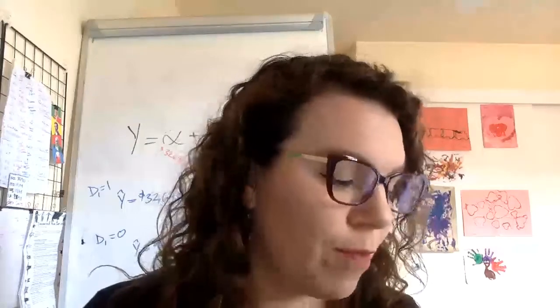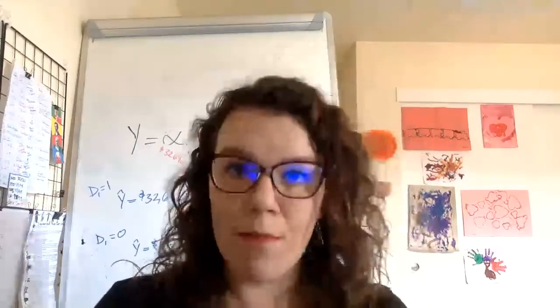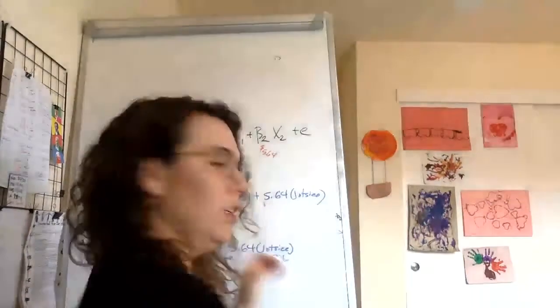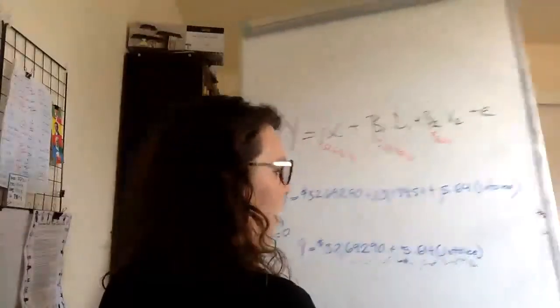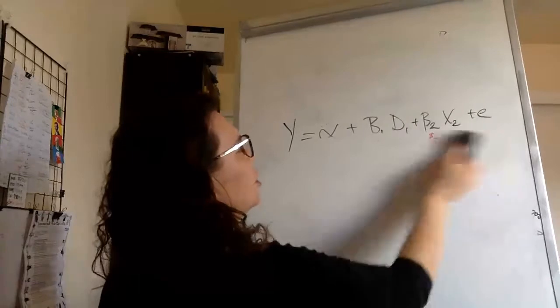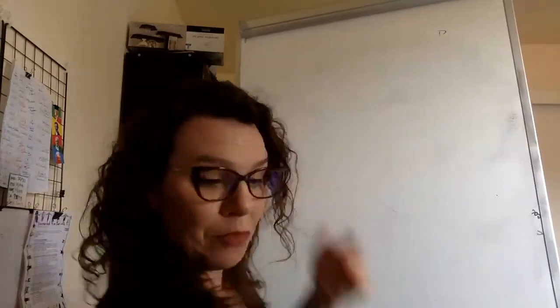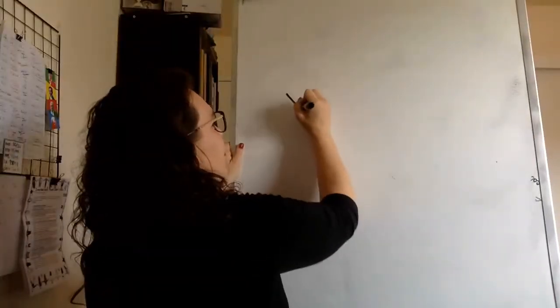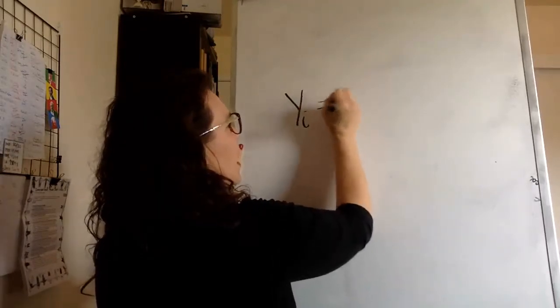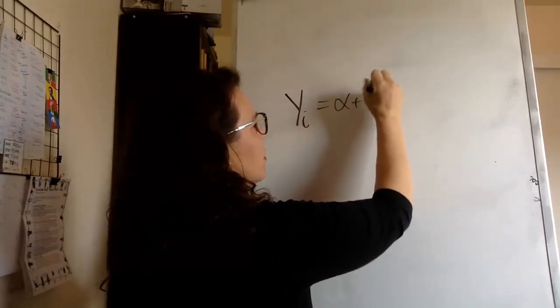So what we want to remember as we get into this is that we are looking at OLS regressions, ordinary least squares regressions, which means we're looking at finding a line of best fit through a data set, right? We have a sample of data from a population, and we're trying to find a best fitting line through that set of data to help describe the relationship between our dependent variable y and our explanatory variables.